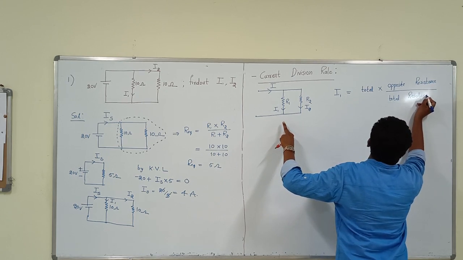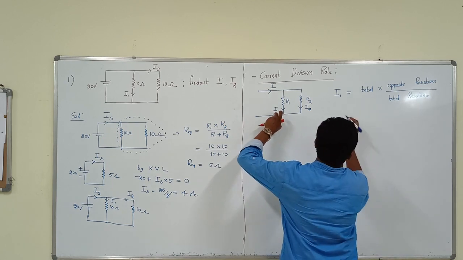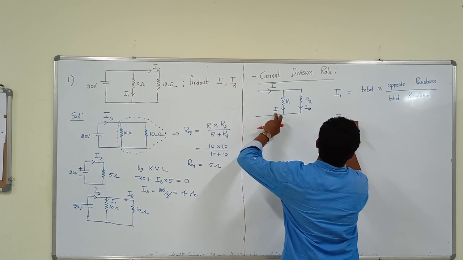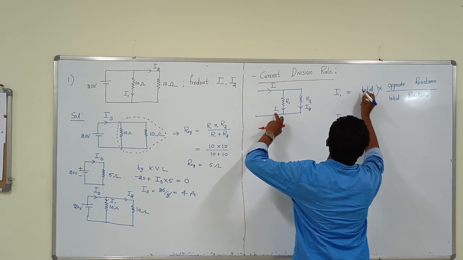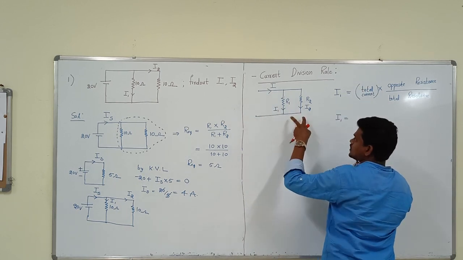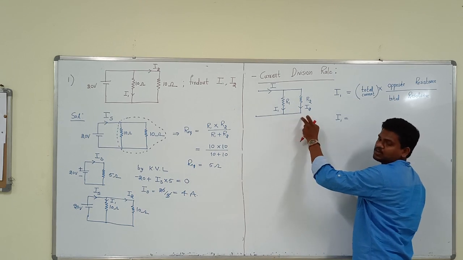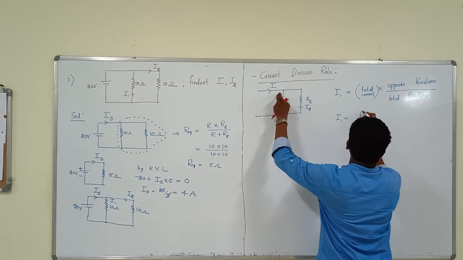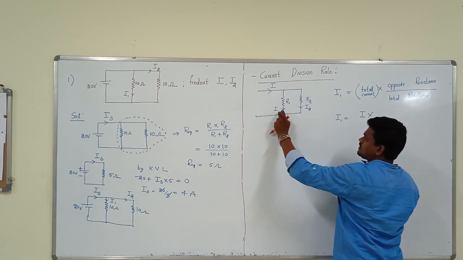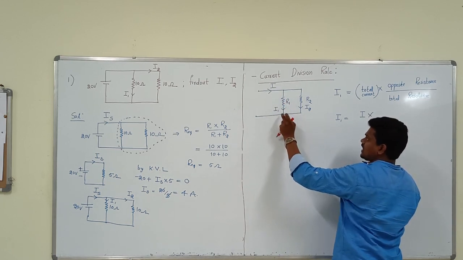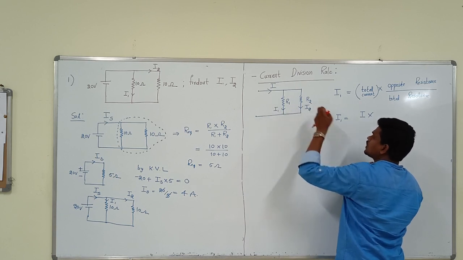Look at here: to find I1, what is the total current? This is the total current entering into R1 and R2. So it is I into the opposite resistance. For I1, R1 is the resistance, and the opposite resistance is R2.